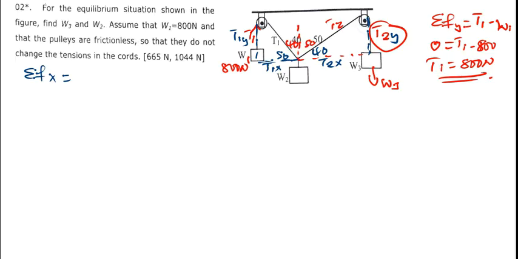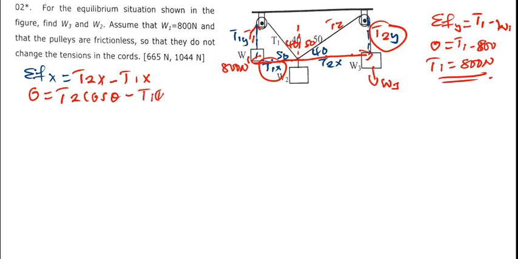In the x direction we've got T1x and T2x, but T1x is pointing toward the negative x-axis and T2x is pointing toward the positive x-axis. So I'll say T2x minus T1x, replace this with 0. So this will be T2x, or T2 cos theta, minus T1 cos theta.